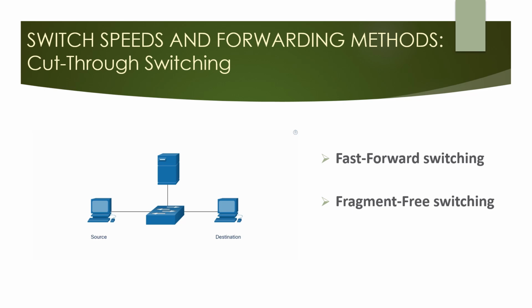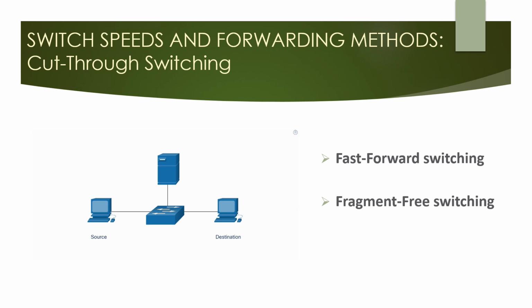The second method is fragment-free switching, and in this case, the switch stores the first 64 bytes of the frame before forwarding. Fragment-free switching can be viewed as a compromise between store and forward switching and fast-forward switching.